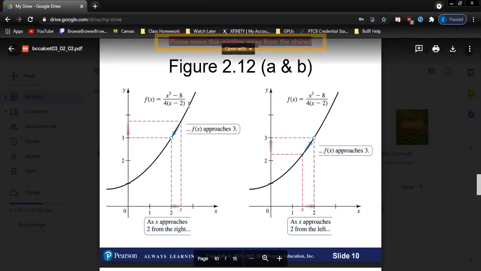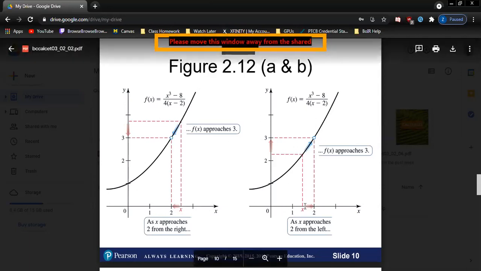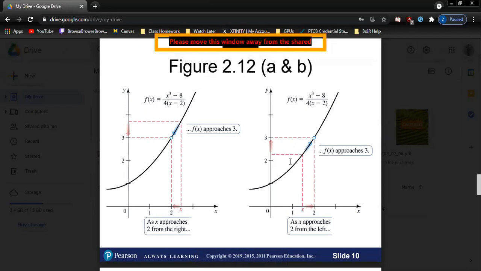You can see the graph is approaching towards this hole, which is taking us to 3, right? And if you're approaching from the left, the graph is approaching towards this hole again. So again, your left-sided limit and right-sided limit is 3.